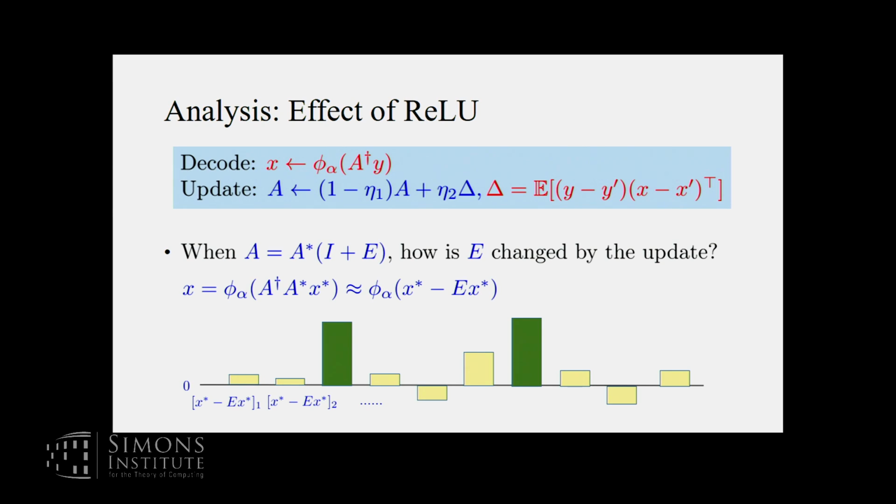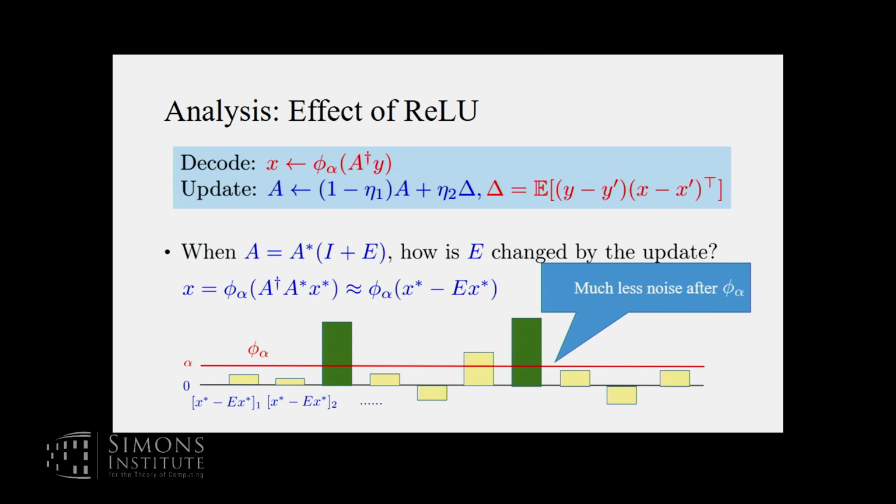Although the total amount of noise is large, it is spread out. So you can imagine, if you set this alpha properly, you can remove a large fraction of the noise while maintaining a large fraction of the ground truth that you want. So you get a much cleaner version after applying the ReLU function. This is basically why we need ReLU.